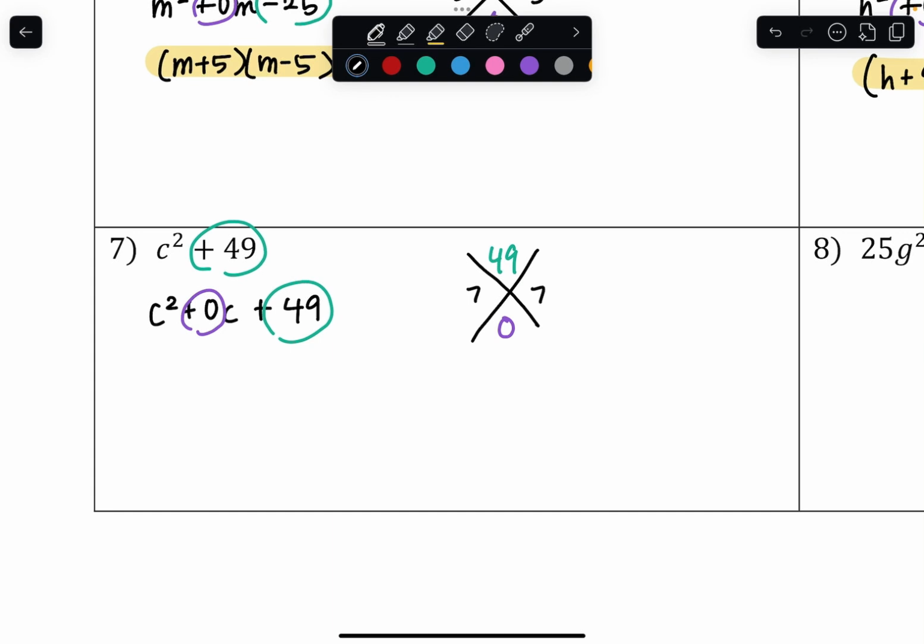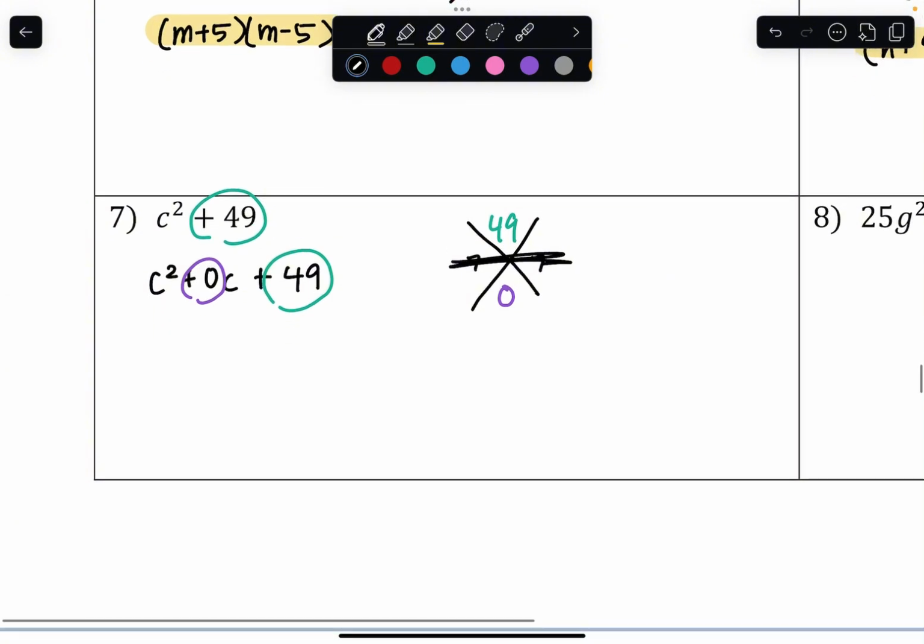So then we try 7 and 7, but then those don't add to 0. Then we try negative 7 and negative 7, those don't work. They have to have opposite signs in order to add to 0, and then they have to have the same sign in order to multiply to a positive. And so this actually is not factorable.